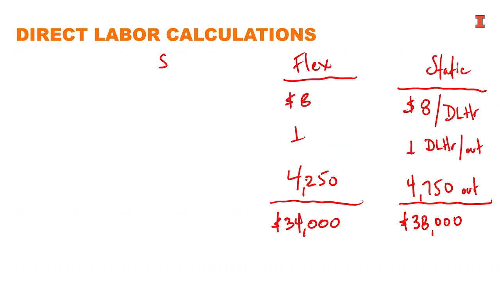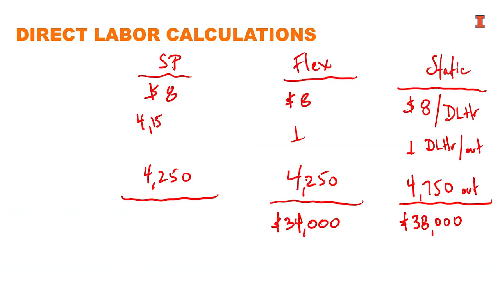Moving to the standard price column, we're going to keep the price the same. We're going to keep the output, which has been converted moving from right to left to the actual output, the same. But we're going to think about how many direct labor hours we actually used to produce what we did. The given information said 4,150 direct labor hours were used to produce the 4,250 units.